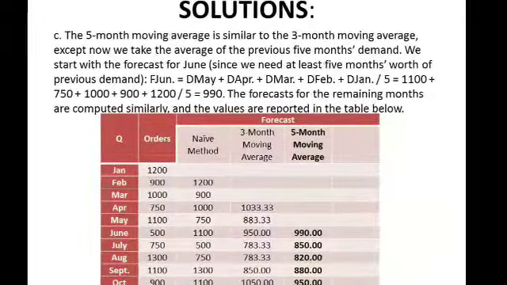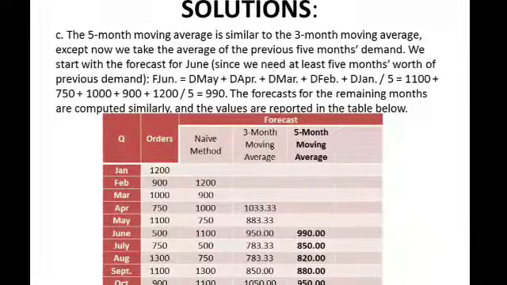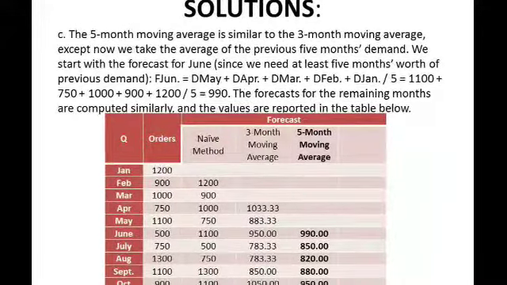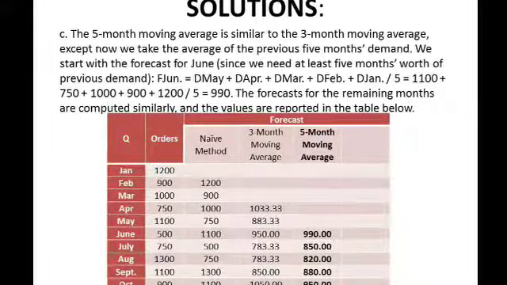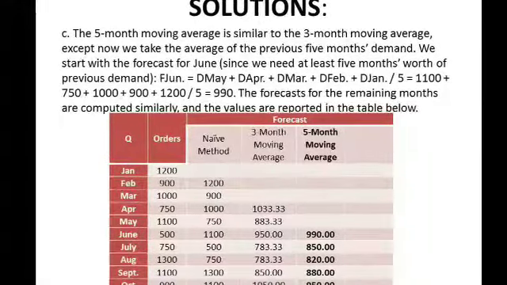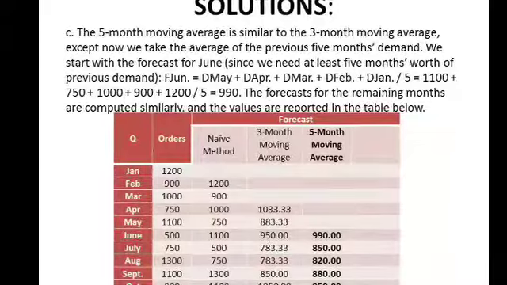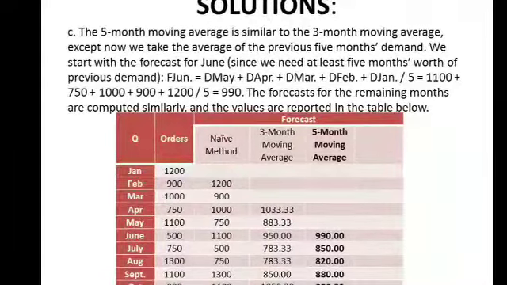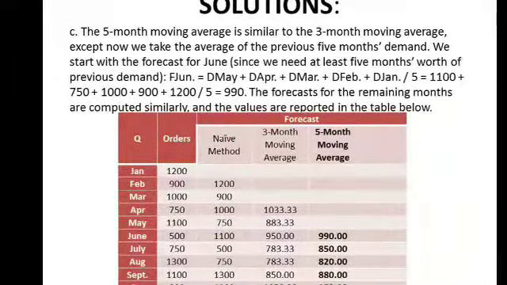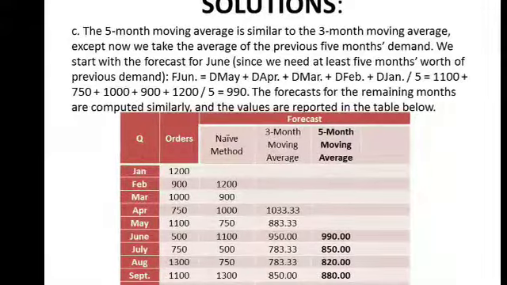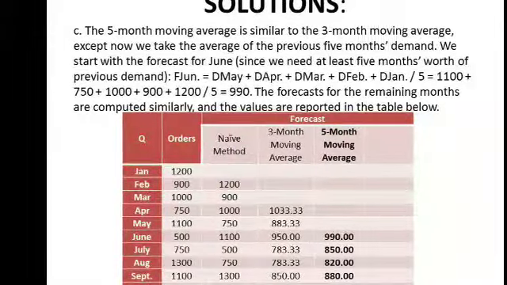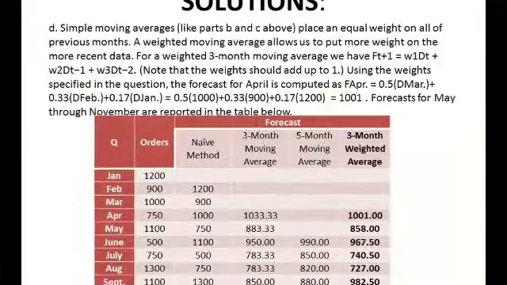The computation is 1,100 plus 750 plus 1,000 plus 900 plus 1,200 divided by 5, which equals 990. The forecasts for the remaining months are computed similarly and reported in the table below.